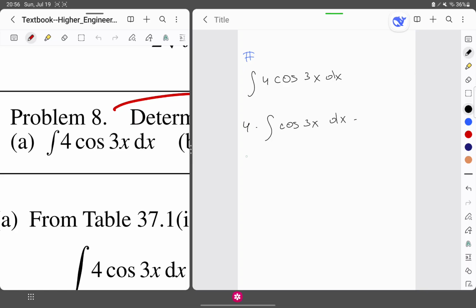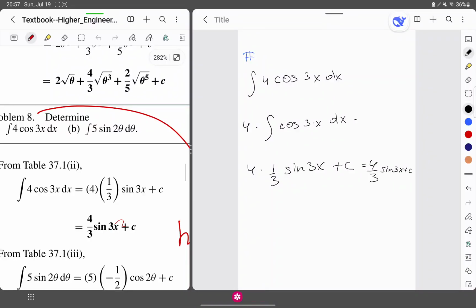According to the rule, the integral of cosine is sine. I didn't understand this rule last time, but I asked my teacher and he explained it to me: 1 over 3, and cosine integrates to sine, so sine 3x plus c. So 4 over 3 sine 3x plus c. Is that true?